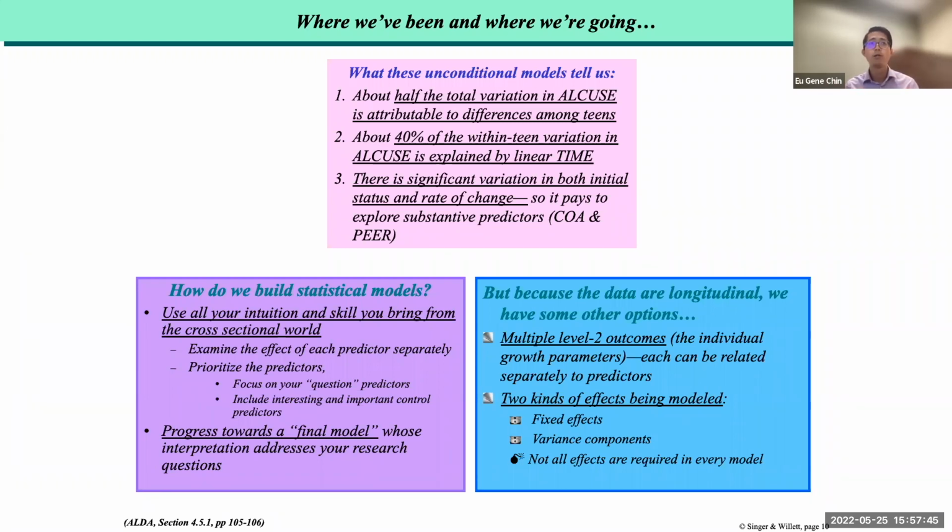Typically, the fixed effects are what we should think about visually, the graph, when trying to describe the relationship between our predictors and our outcomes. And the variance components are basically the leftover amount of variability that is not accounted for by our level 1 and level 2 predictors. That's interesting too, especially if we're using that to help lead us in the direction to figure out if we should add more level 1 or level 2 predictors.